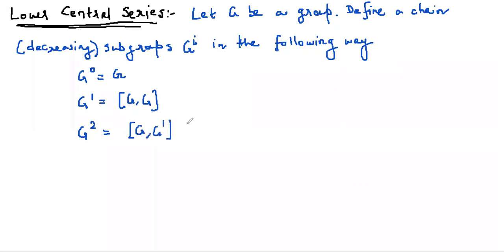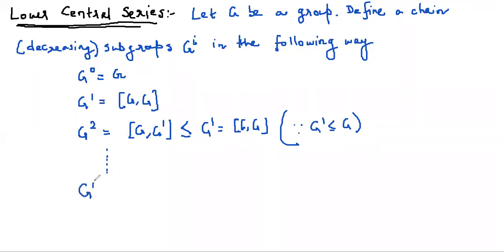Okay, and this will obviously be a subgroup of G1, which is [G, G]. The reason is G1 is a subgroup of G. And we define like this recursively: G_{i+1} is the commutator subgroup of G and G_i.